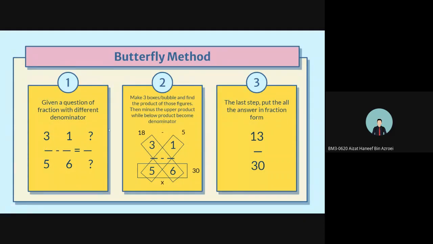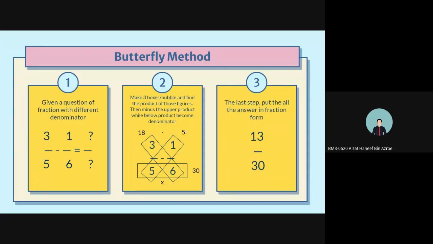We need to make 3 boxes or bubbles and find the products of those figures. Then we minus the upper products, while the below product becomes the denominator. Look here. We make a box cross, an X like a butterfly.